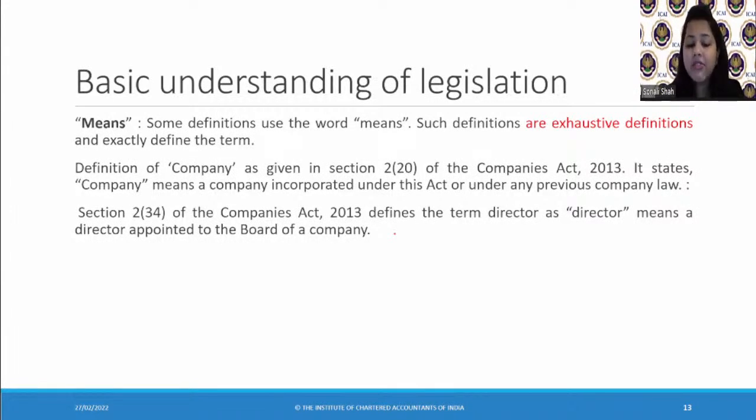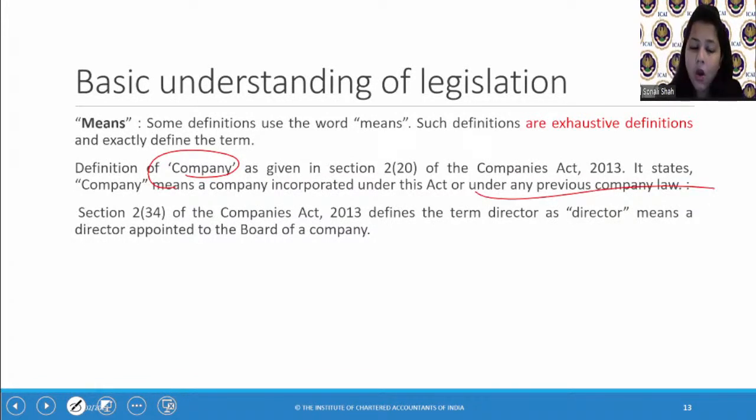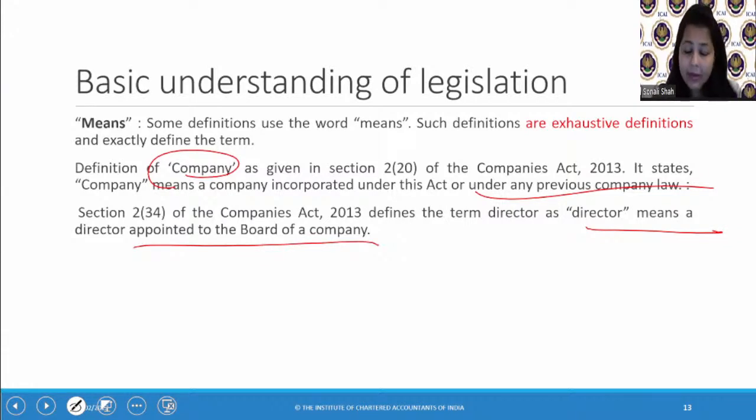So if you look at the definition of company as given in section 2 subclause 20, it states company means a company incorporated under this act or under any previous company law. Similarly, 2(34) defines the term director as director means a director appointed to the board of a company. Correct? So it specifically tells you what is meant by that particular word. Specific definition has been provided.